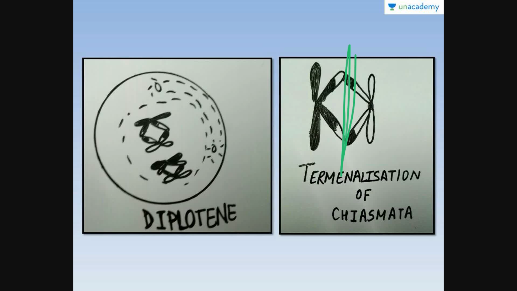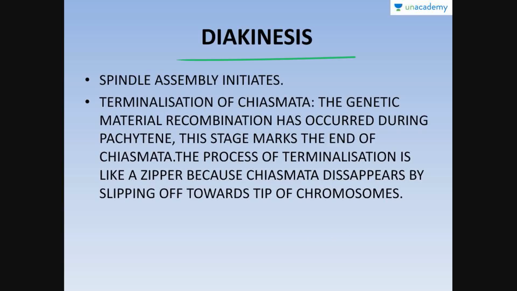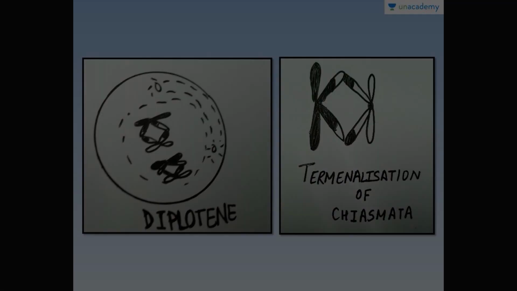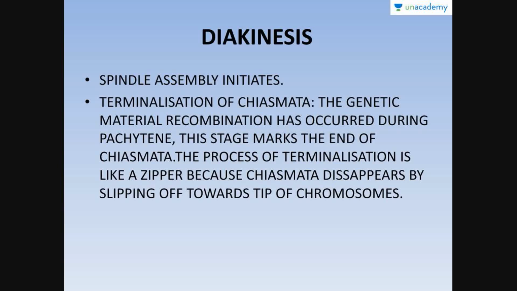This is how terminalization of chiasmata occurs during the diakinesis stage. So this is the whole process of prophase I, which is divided into these sub-phases. Further we will learn about the other phases of meiosis I in the subsequent presentations. Thanks for watching.